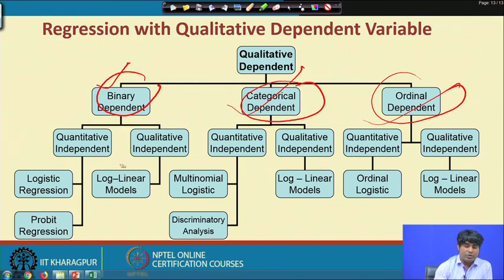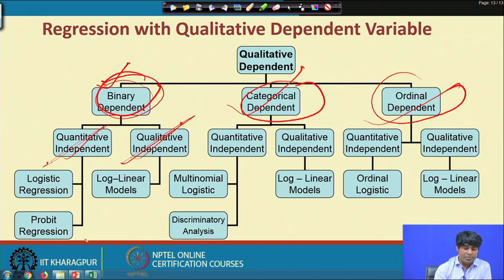In the binary dependent case, it may be quantitative independent or qualitative independent, but the dependent variable will be binary. It is qualitative, only between 0 and 1. However, it will be connected with either quantitative independent or qualitative independent variables, or both together.